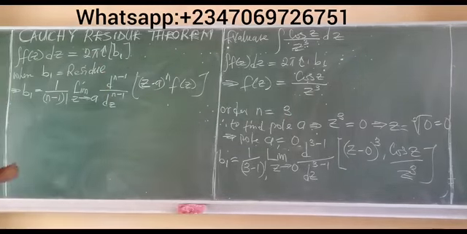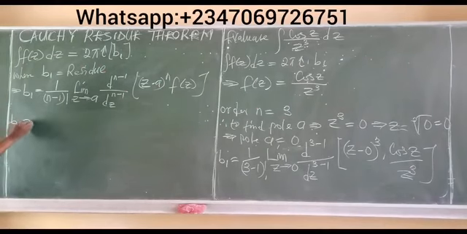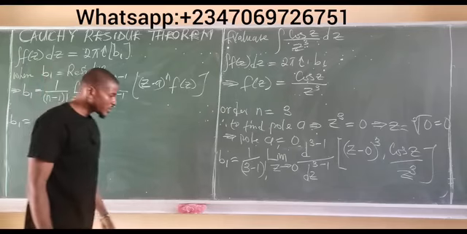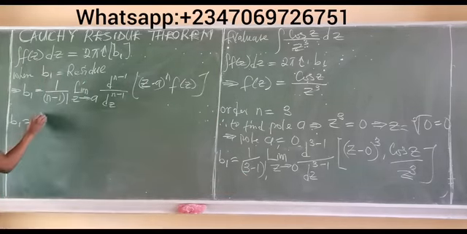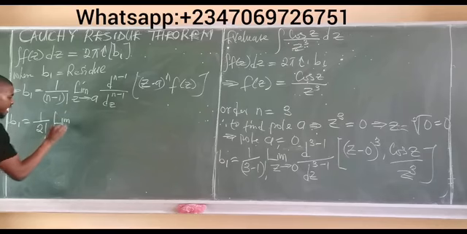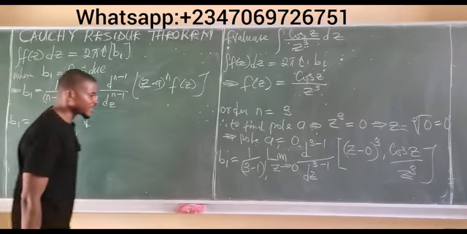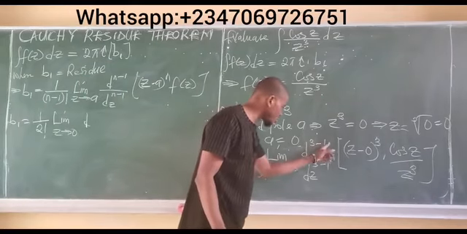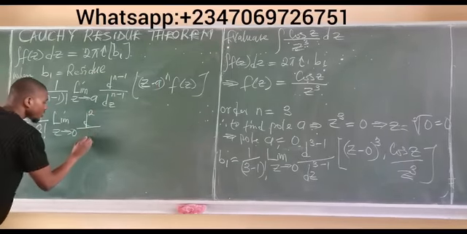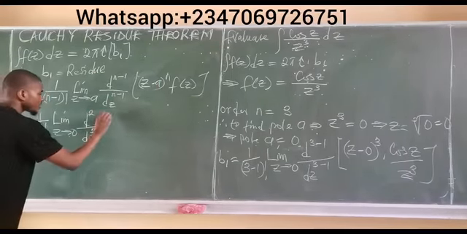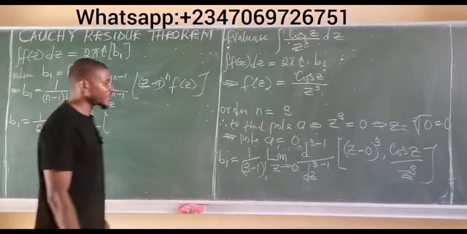Alright, so this simply means that b1 is now equal to, we have here 3 minus 1 is 2. So this becomes 1 all over 2 factorial, the limit as z tends to 0 of the same thing here. 3 minus 1 is 2, so you have d squared all over dz squared of the same thing here.